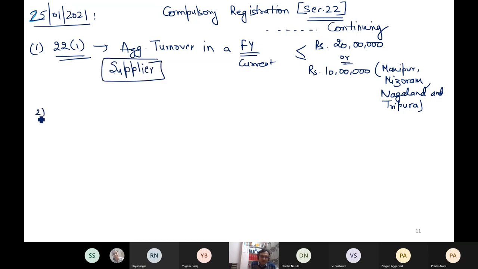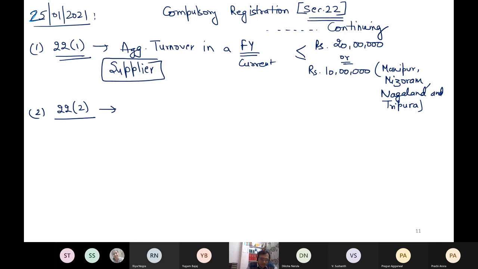Now, this is a new point, section 22 subsection 2. Under GST law, so many other acts were merged. Octroi, entertainment, so many other acts were there. Common, which you should remember, is excise, VAT, sales tax.